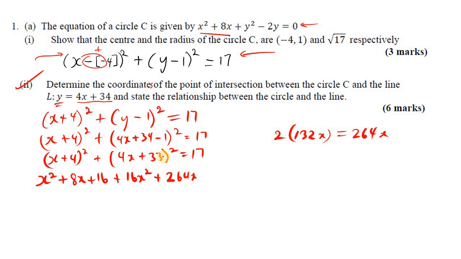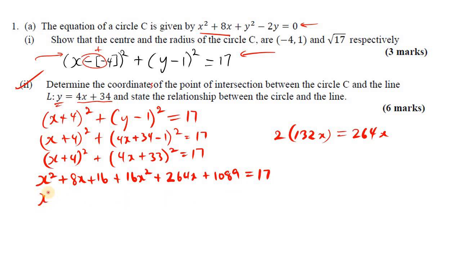Then we square the last term, 33 squared, which gives us 1089, and that equals 17. All right, so let's tidy this up.